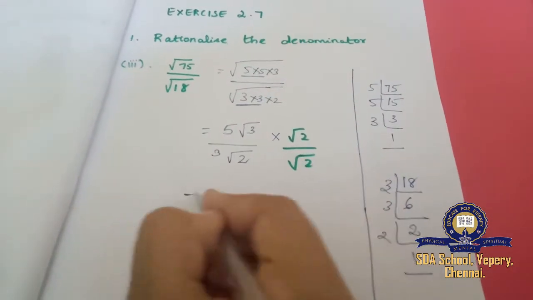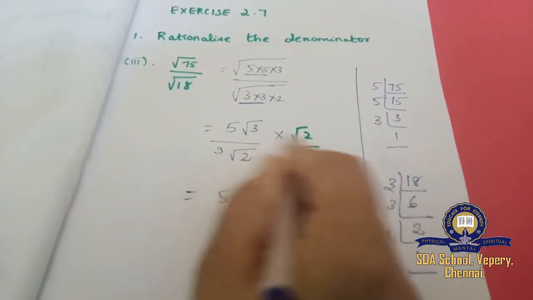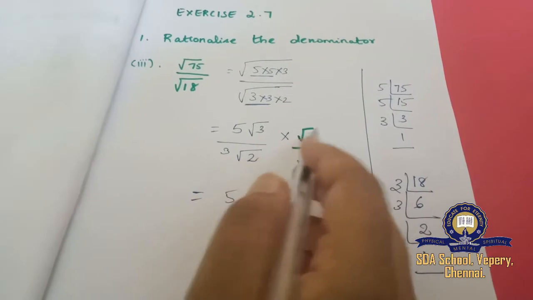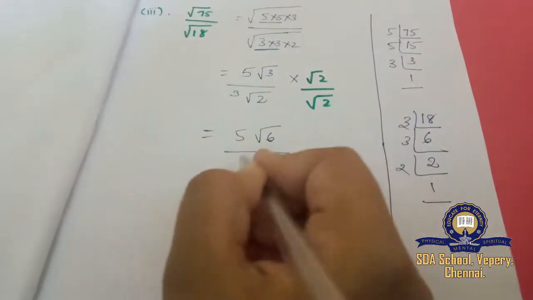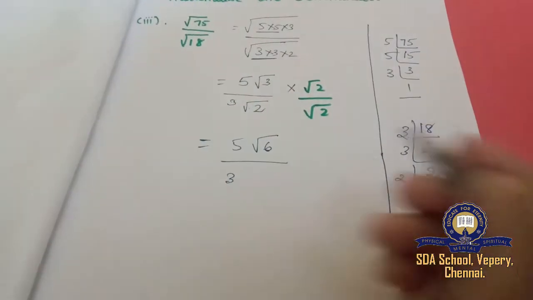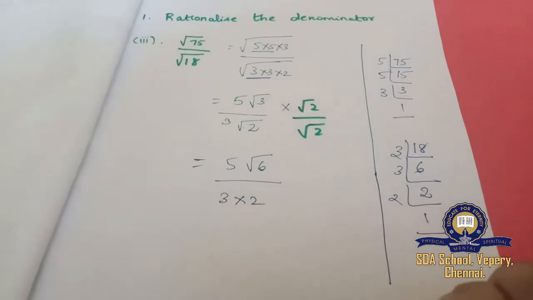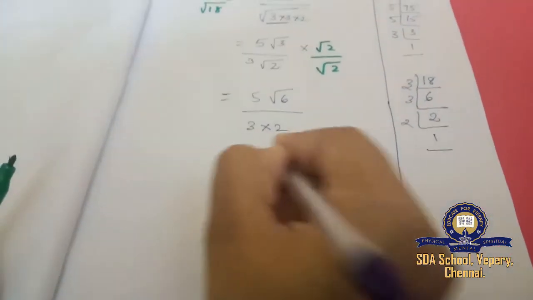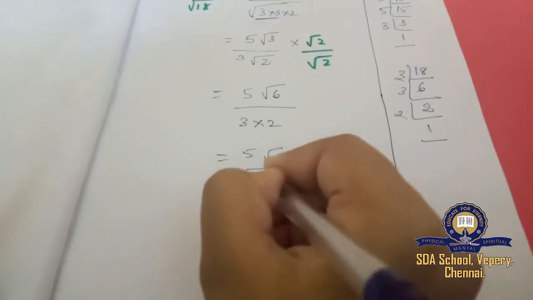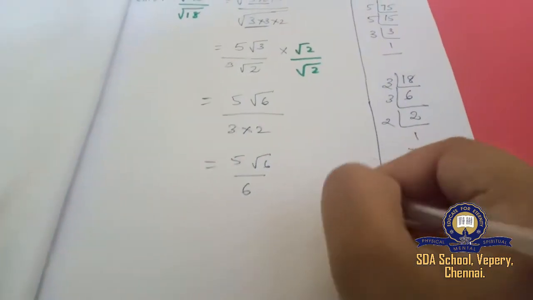Now what am I supposed to do is 5, and how I multiply surds, it will become root 6, isn't it? 3 into 2. Then what will happen? 3 will remain as it is. Root 2 into root 2 will give me what? 2. Isn't it? Now, what is my answer? It is 5 root 6 divided by 6. Got it, students?